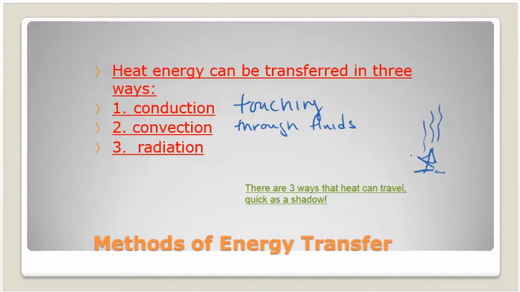This is convection. Heat's going to rise, and as it cools, it's going to circle and come back down. So it's going up when it's heating up, and over here it's going down when it's cooling down.